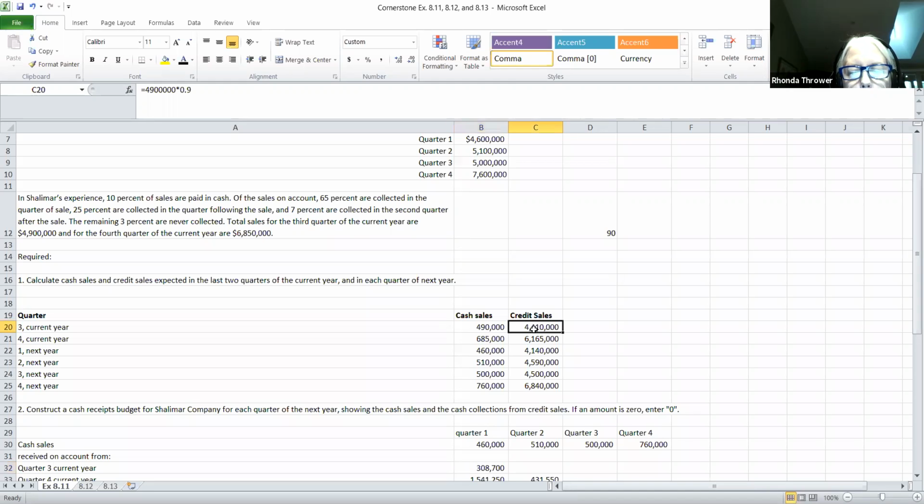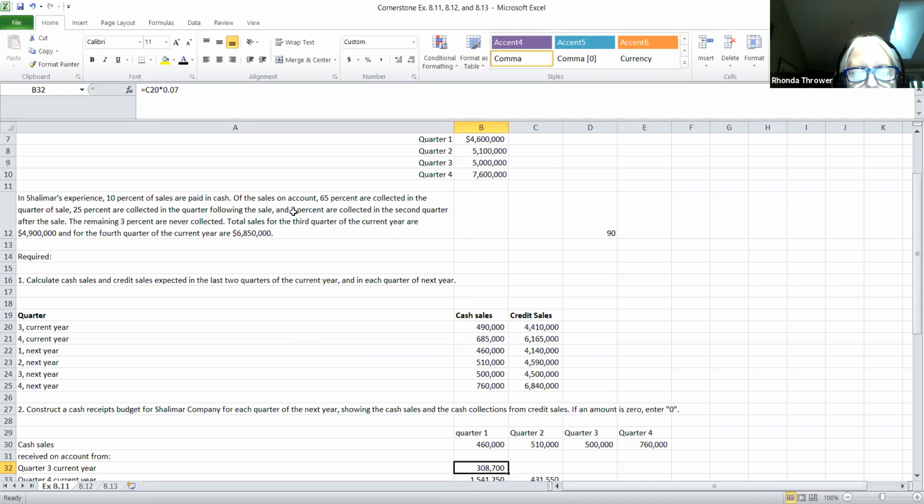So C20 times 7% will give you the amount that you have received on account from quarter three of the current year. You actually received only 7% in quarter one.